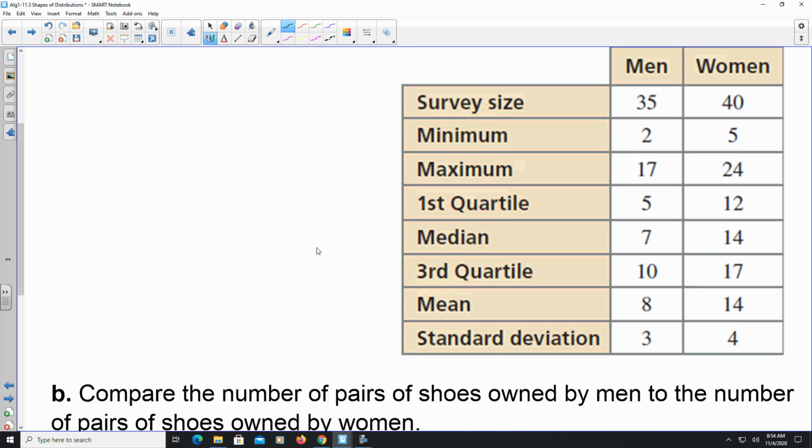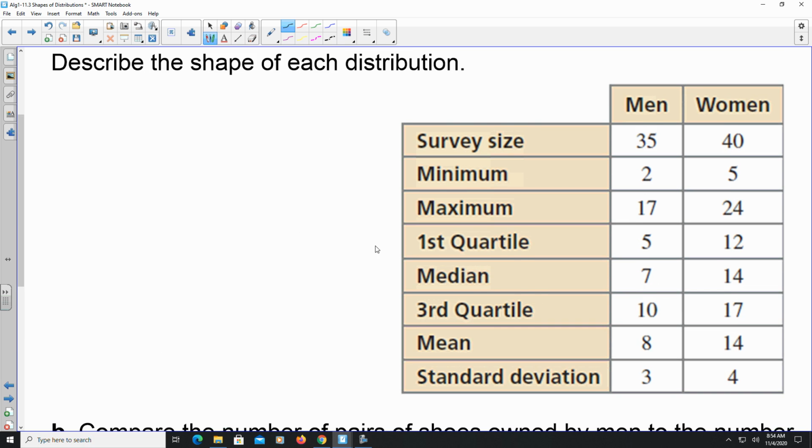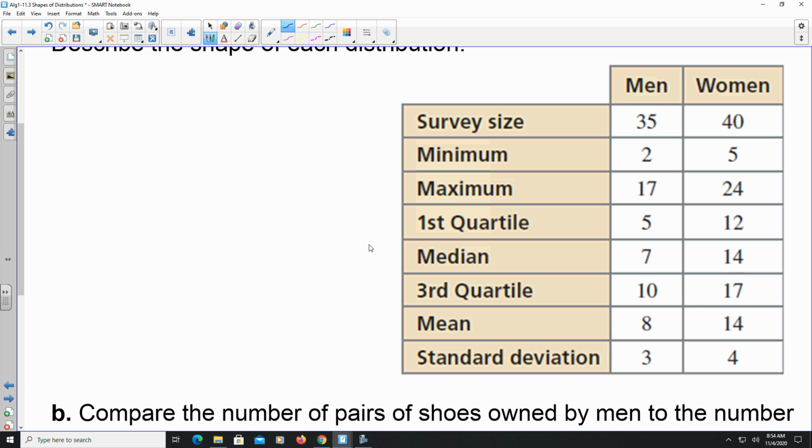All right. So first off, let's make our box and whisker plot. So let's do the one for the men, because it's the first one here. So for the men, we got to find those five numbers.